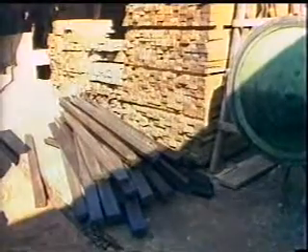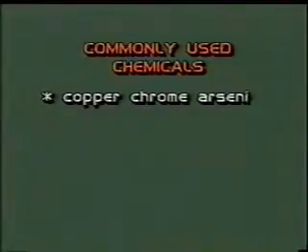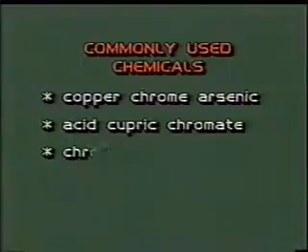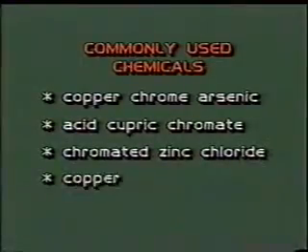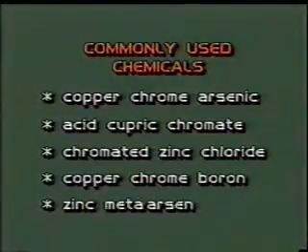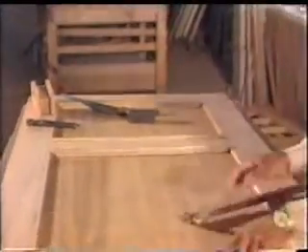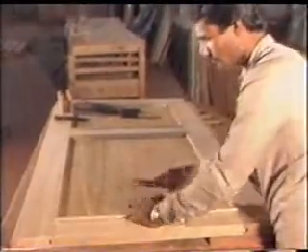The most commonly used chemicals are copper chrome arsenic, acid cupric chromate, chromated zinc chloride, copper chrome boron, and zinc beta arsenite, etc. Only seasoned and treated timber is used for fabrication.